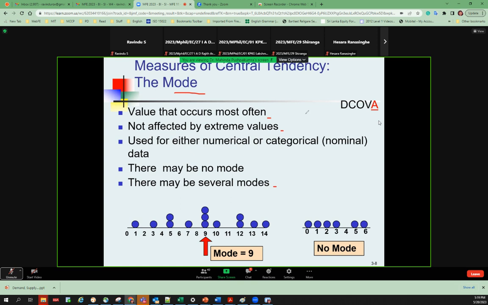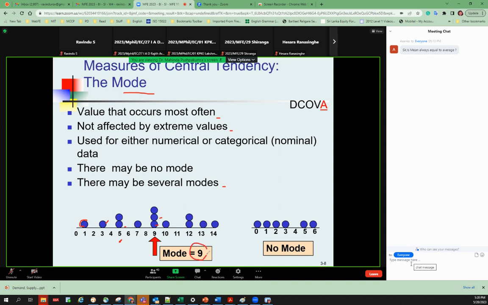Now, let's say in this data set, we have one observation with value 1, another observation with value 3, 2 observations with value 5, and 3 observations with value 9. Then what is the most frequent value? The value that occurs most often is 9.